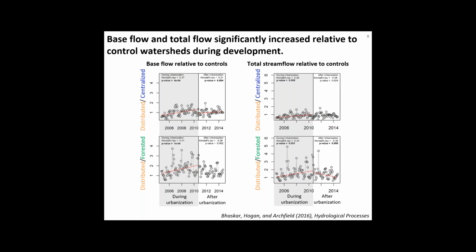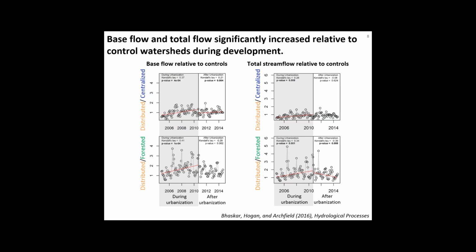those control watersheds. So in the top set of graphs here are the distributed watershed flow values divided by the values in that centralized urban control watershed. And then in the bottom set of graphs here are the monthly flow values for the distributed watershed divided by the forested control watershed.